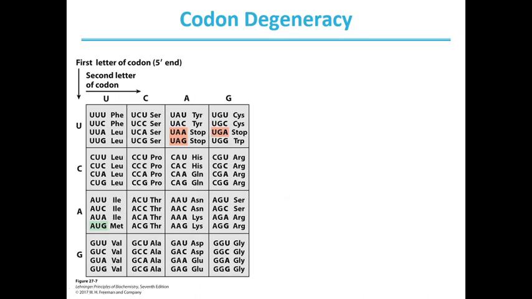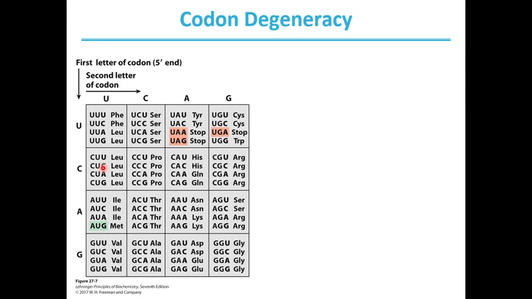One of the striking features of the genetic code is that an amino acid may be specified by more than one codon. The code, hence, is described as degenerate. For example, if you look at leucine, 1, 2, 3, 4, 5, 6, leucine can be coded by 6 codons. Now, this does not suggest that the code is flawed.